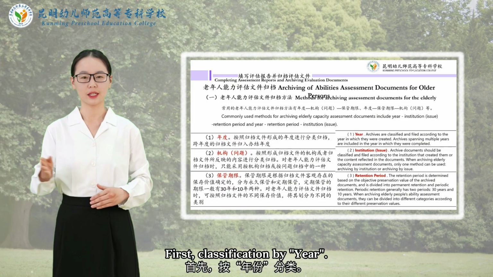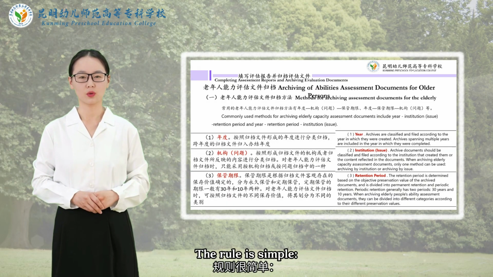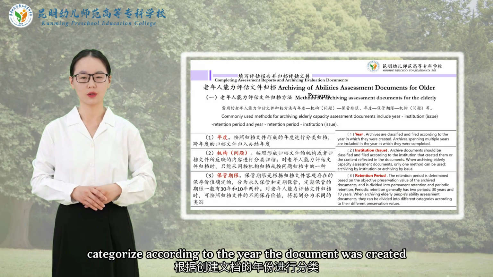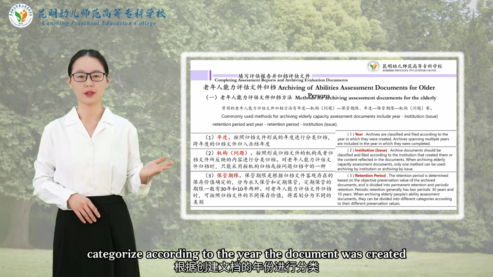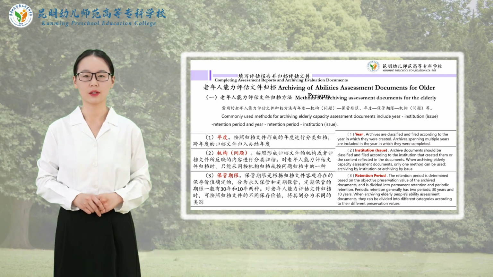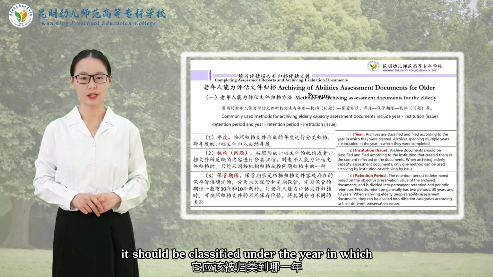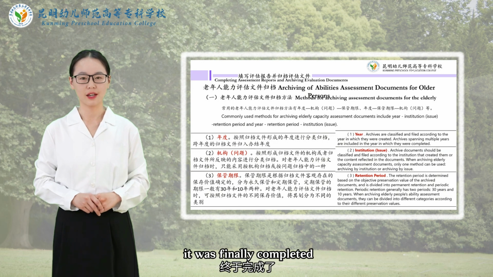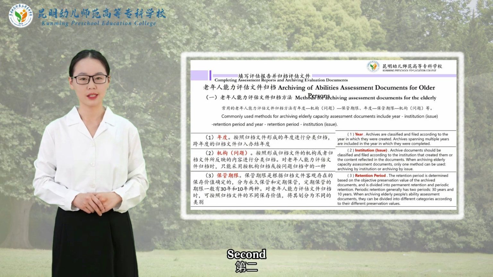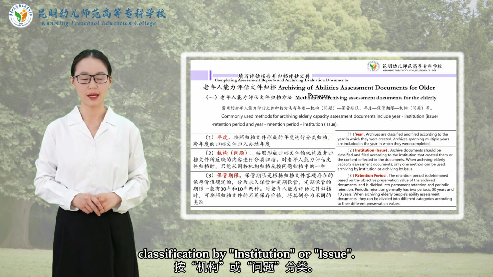First, classification by year. The rule is simple. Categorize according to the year the document was created. If an assessment spans multiple years, it should be classified under the year in which it was finally completed. Second, classification by institution or issue.